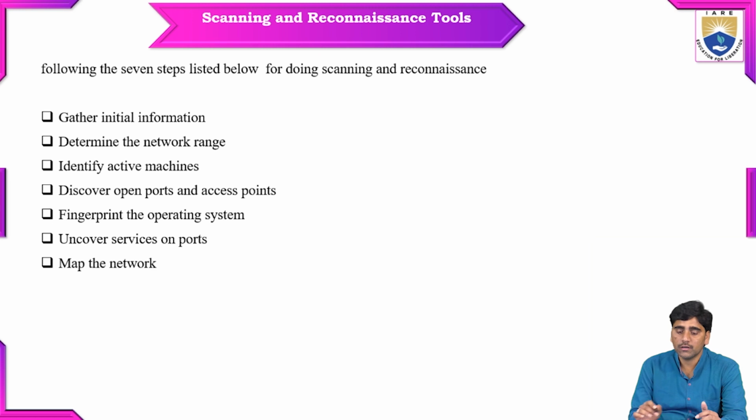The following are the 7 steps for doing scanning and reconnaissance. First, gather initial information. Second, determine the network range.